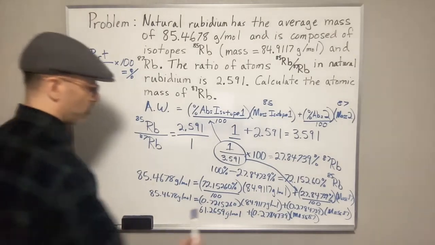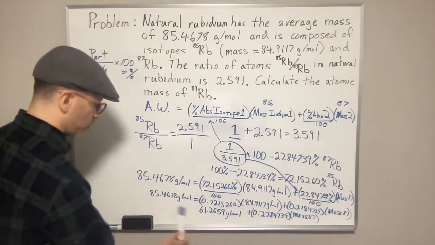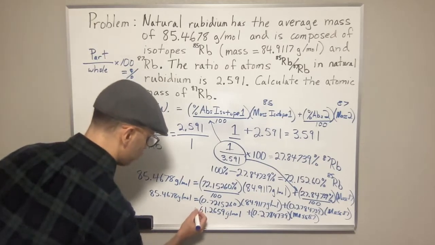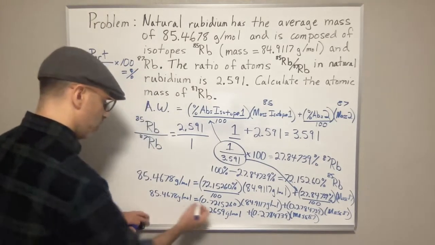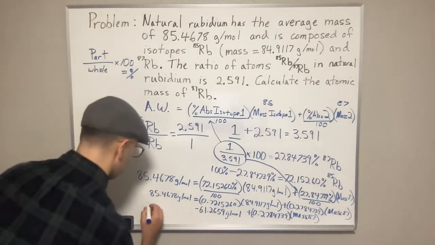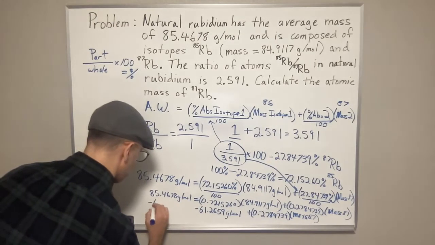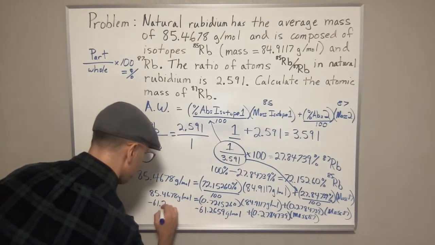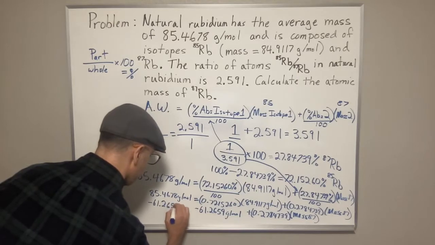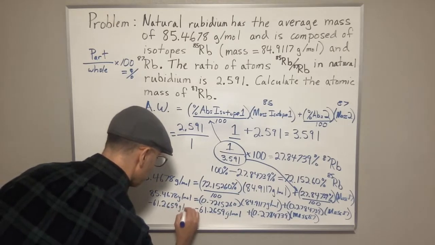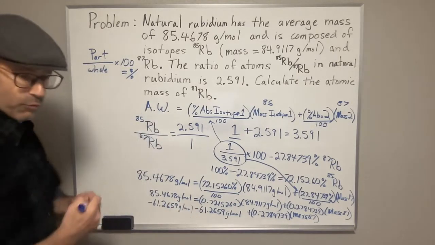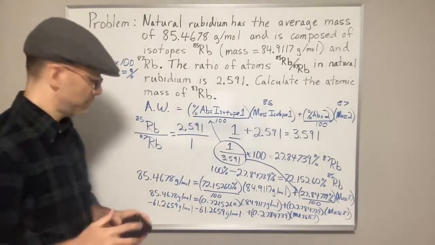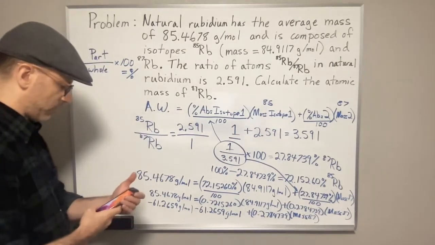So all we need to do then is subtract this from both sides. We'll subtract 61.2659 grams per mole from this side, and from this side.